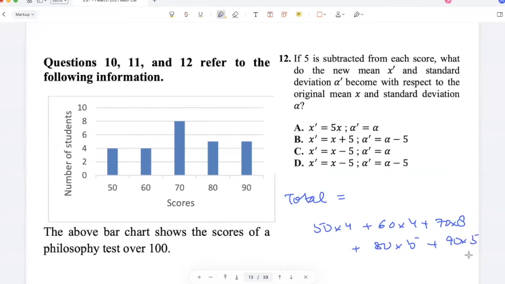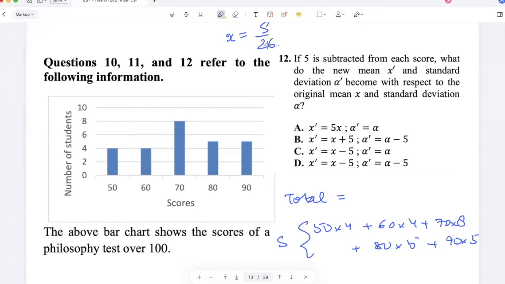This was my total, and this divided by 26 gave me the mean score. So let me call this S. So my initial mean was X. So X is S over 26.